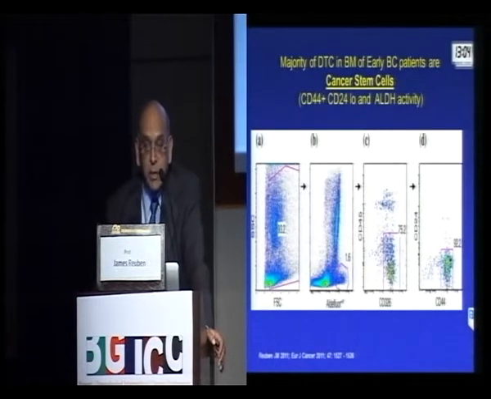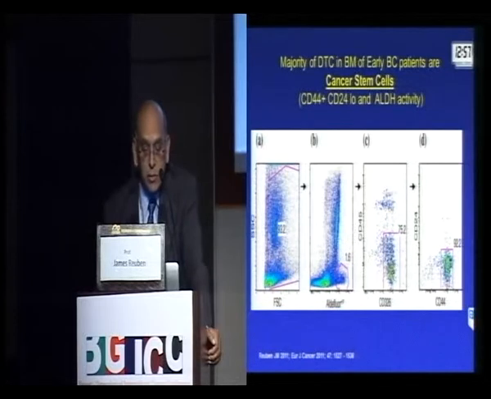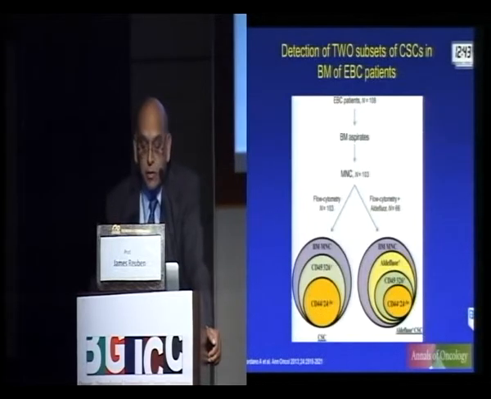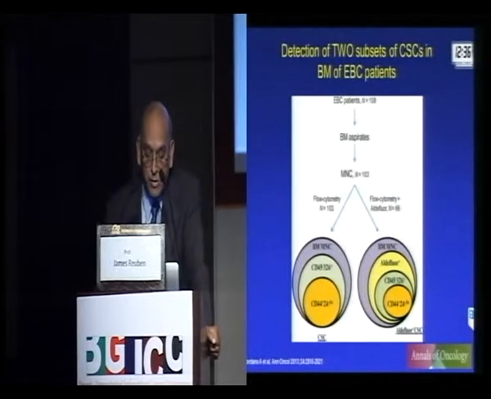A few years later, we expanded the studies where we showed that the majority of these disseminated tumor cells in the bone marrow were of stem cell phenotype. They had expression of CD44 and not CD24, and they may or may not have had ALDH activity. So here you have two different stem cell subsets that we are able to detect in bone marrow of early breast cancer patients.